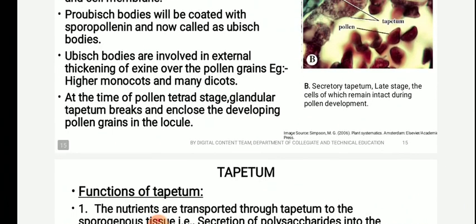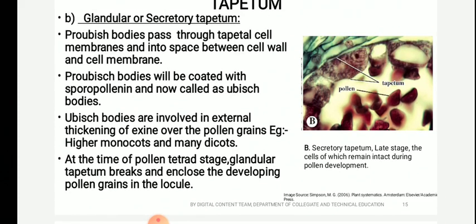At the time of the pollen tetrad stage, the glandular tapetum breaks and encloses the developing pollen grains in the locule. Glandular or secretory tapetum is the most common type, seen in 87% of the angiosperms.